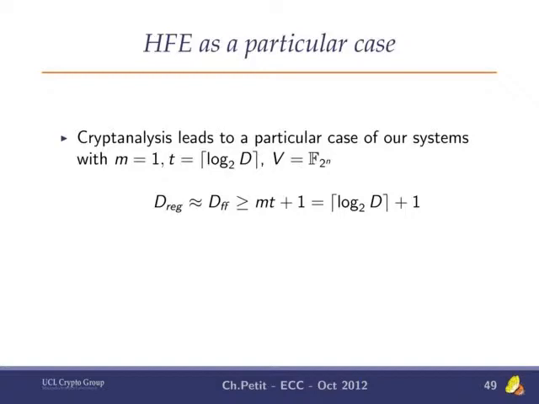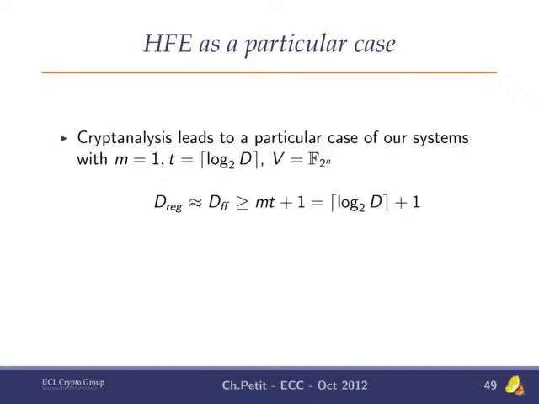HFE is really a particular case of my analysis. So the cryptanalysis leads to a particular case where m is equal to 1, so monovariate. T is log 2D, and the subspace is just the whole field.